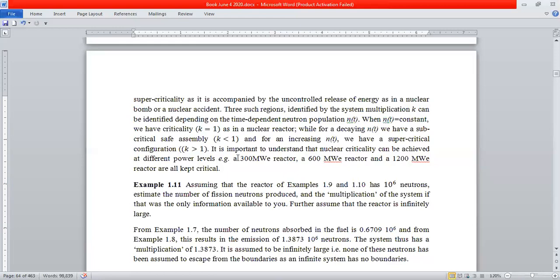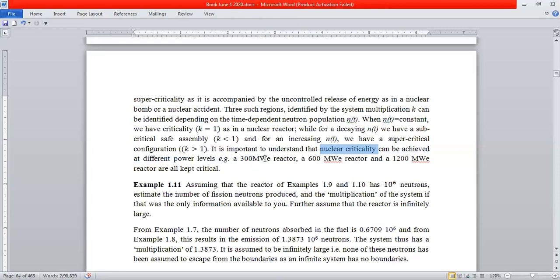Now, it is important to understand that nuclear criticality, and this is very important because when I was a student, I used to think that nuclear criticality only takes place at a particular power level. And now I know that criticality can take place at any power level that you control it to.